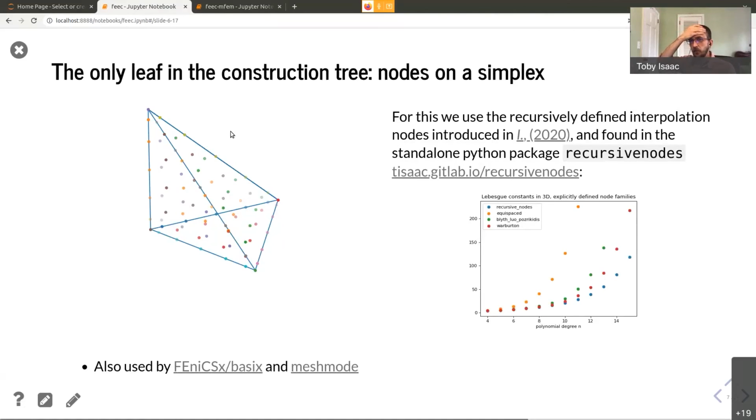I've seen that done in 2D. I haven't really seen that published for tetrahedra yet. So I wanted to have a simple way to define nodal bases for simplices that would give me reasonable scaling for the Lebesgue constant for the interpolation error.